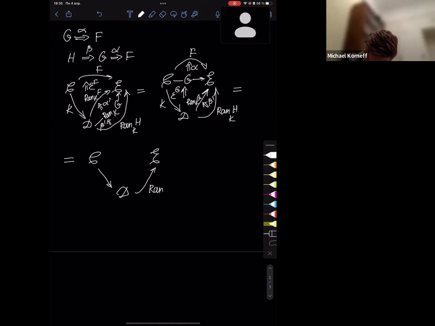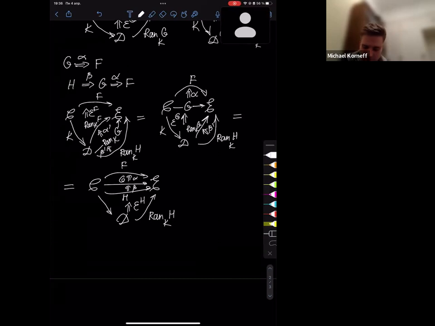This is a right Kan extension Ran_K H along K. This is F, G, H, and here we have natural transformations alpha, beta, and epsilon H. And what does it mean?